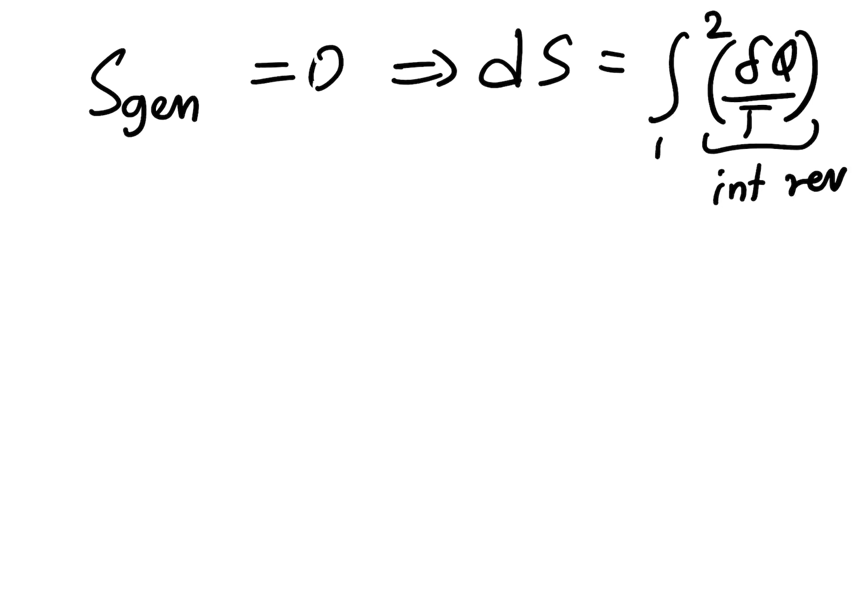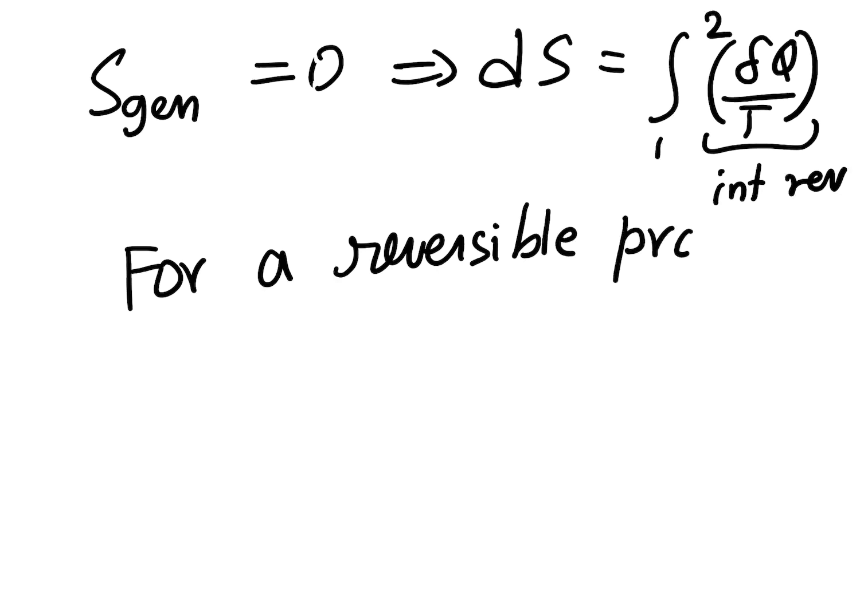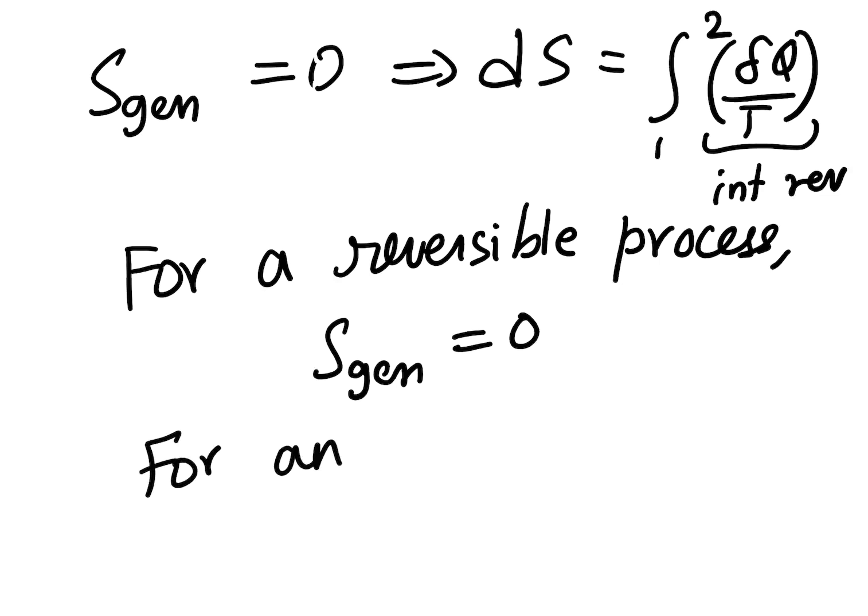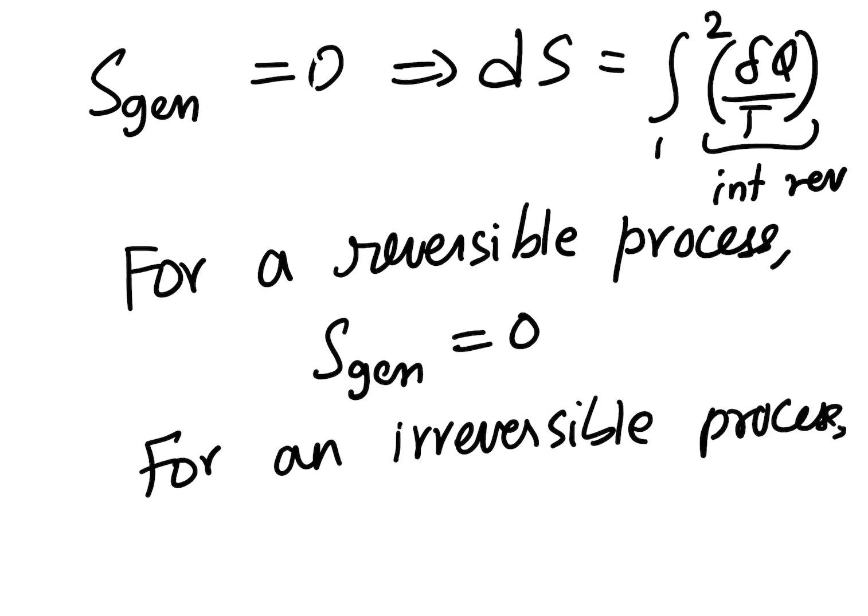That is, for a reversible process, the entropy generation is 0, and for an irreversible process, the entropy generation is more than 0.